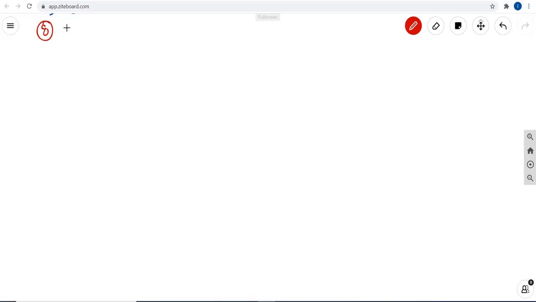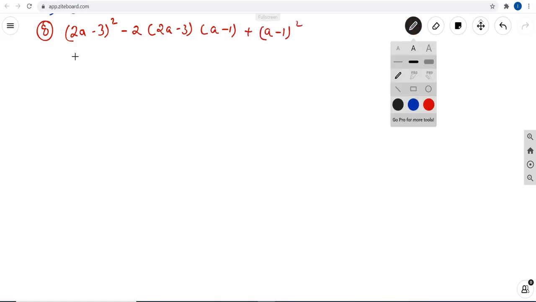Problem number 8 is given as 2a minus 3 whole square minus 2 into 2a minus 3 into a minus 1 plus a minus 1 whole square. Now if you see this problem, it is in the form of a minus b whole square. So what is a here? a is given as 2a minus 3. You have to read the problem properly; if you read the problem properly, you will get the idea.